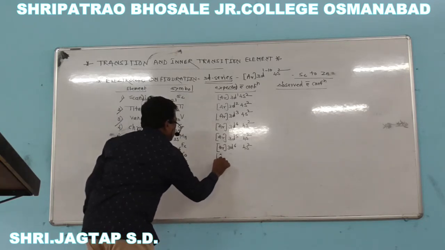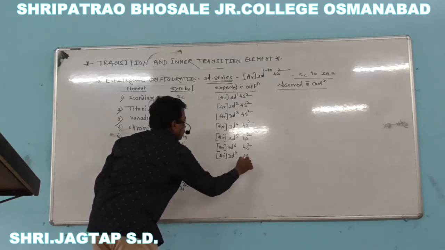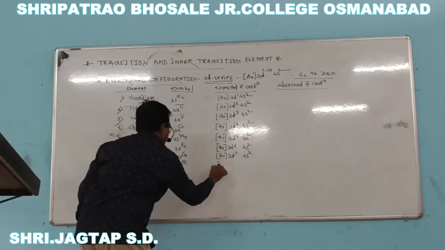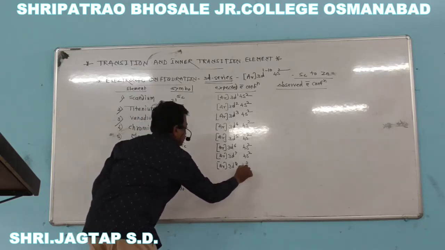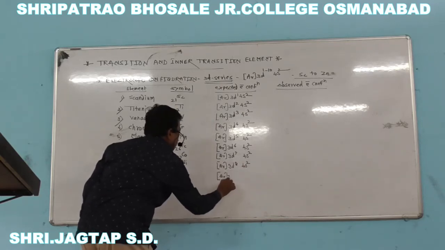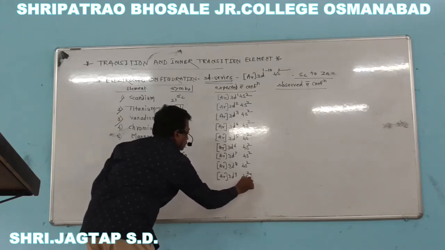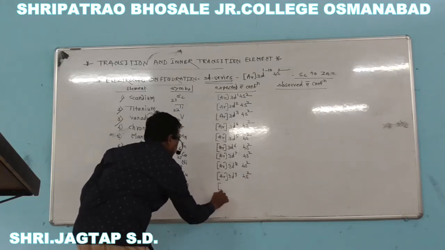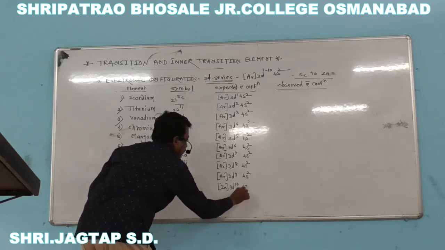Then cobalt 3d7 4s2. Then nickel 3d8 4s2, copper 3d9 4s2, and zinc 3d10 4s2.